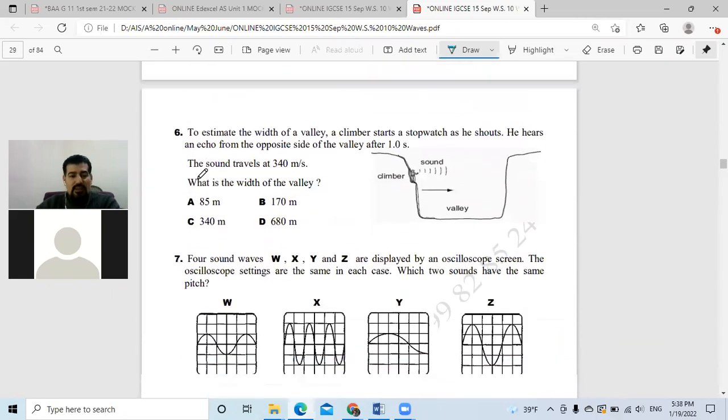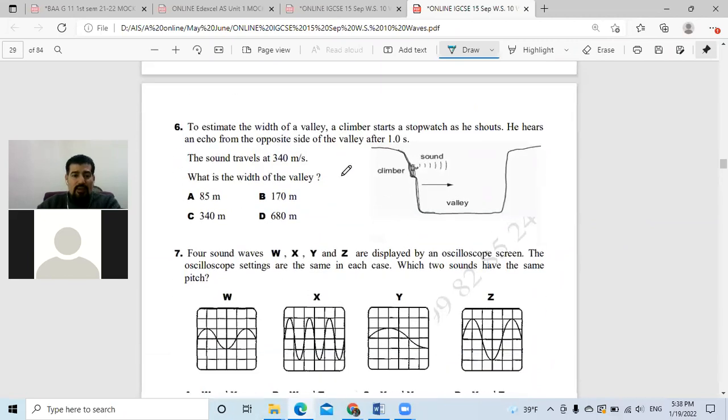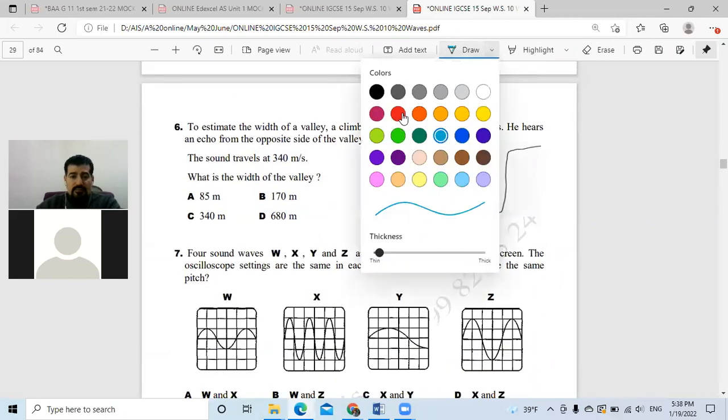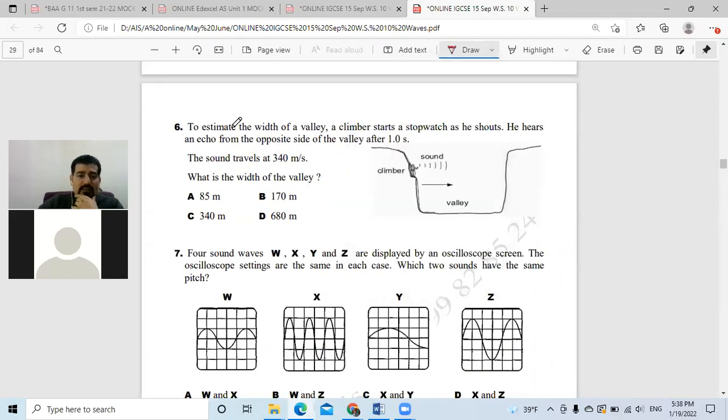Question number 6. It needs calculation here. To estimate the width of the valley, a climber starts a stopwatch as he shouts. He hears an echo from the opposite side of the valley after 1 second. That means the sound goes and rebounds, covering this distance twice.